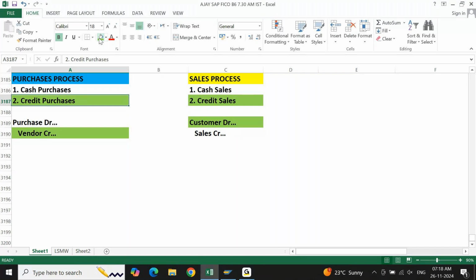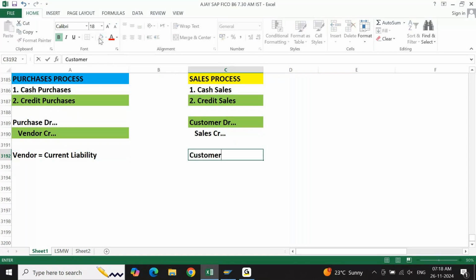Now, vendor account is what? Current liability. Customer is what? Current asset.